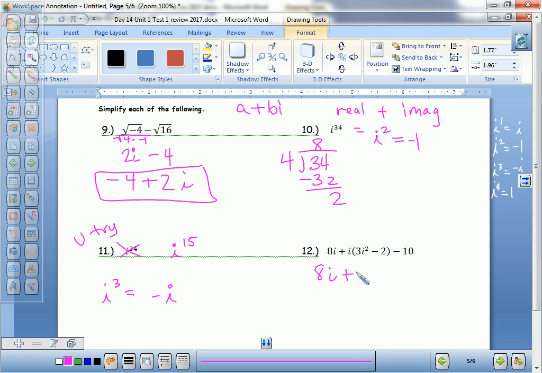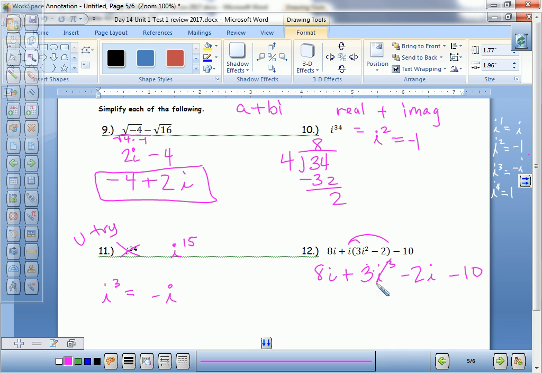Okay, that's the same thing we have to do on number 12. The first thing we do is we take that i squared and we simplify it. Did y'all distribute first or simplify first? Distribute. You distribute it? Okay, let's do it then. We'll distribute it, that's fine. So when we distribute, we get 3i cubed minus 2i minus 10. So i cubed is negative i.